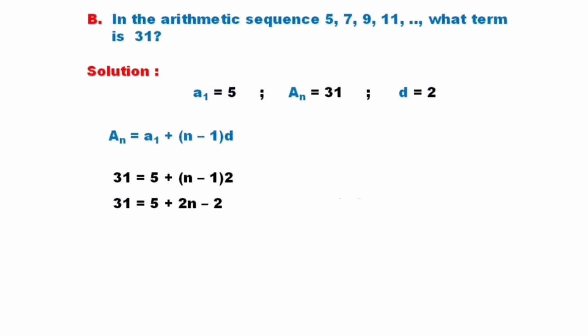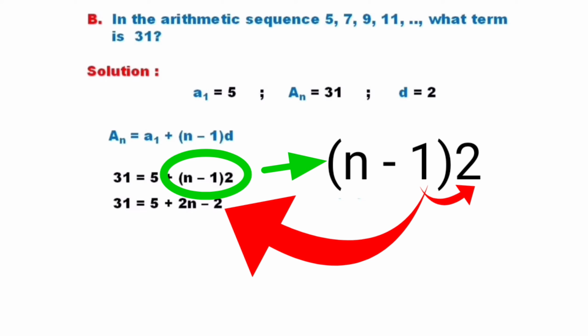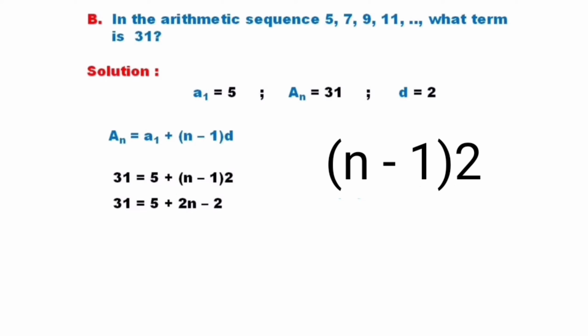Next, by the distributive property of multiplication, n times 2 equal 2n. Then, negative 1 times 2 equal negative 2. So, 31 equal 5 plus 2n minus 2.